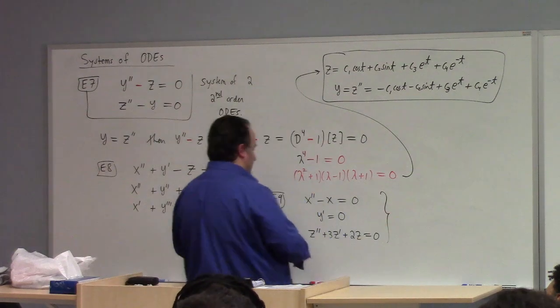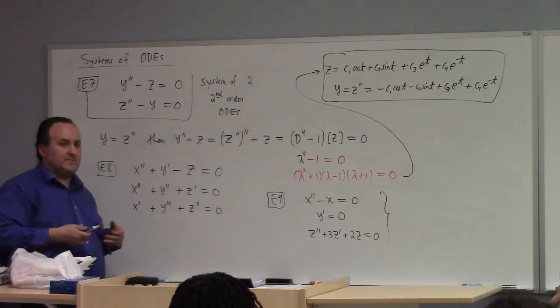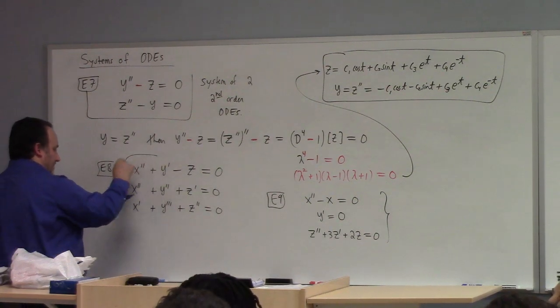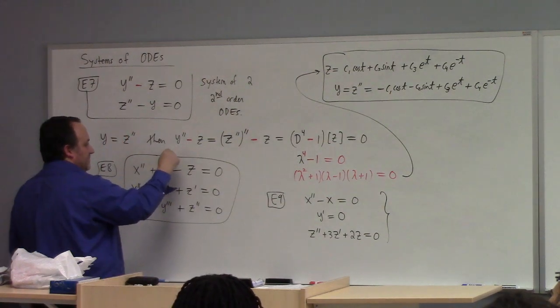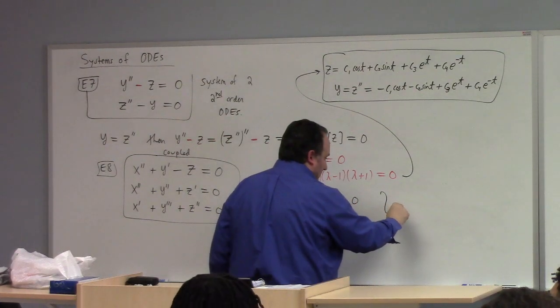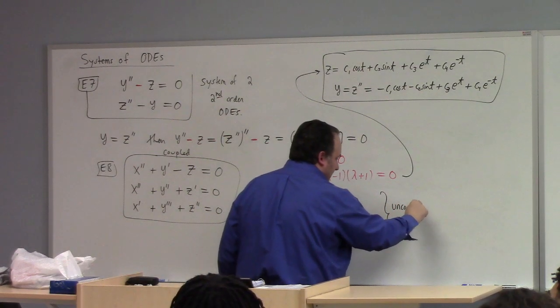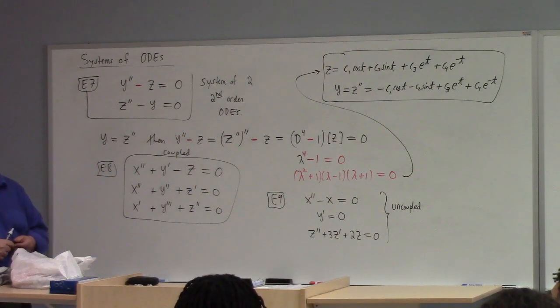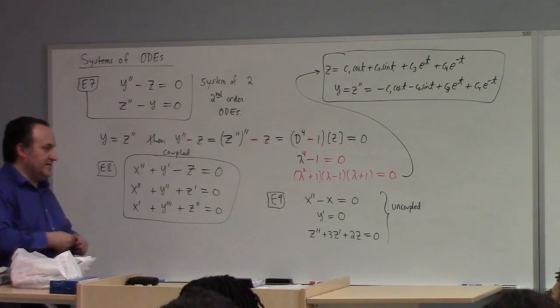This system is what I would call uncoupled. This is an uncoupled system. This is coupled. Uncoupled. What do I mean by that? I mean that you can solve each one of these differential equations on their lonesome. You don't need to solve one to solve the other. They're independently solvable using the methods we already know. I can just write down the solutions.